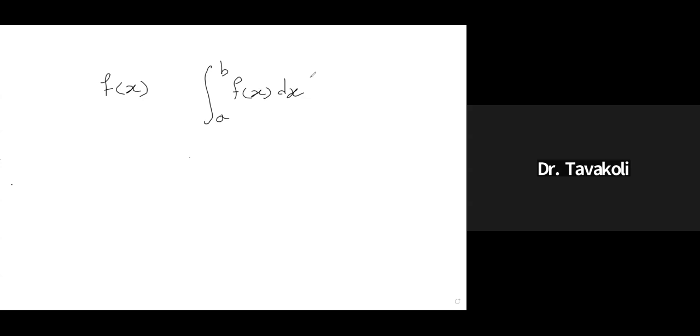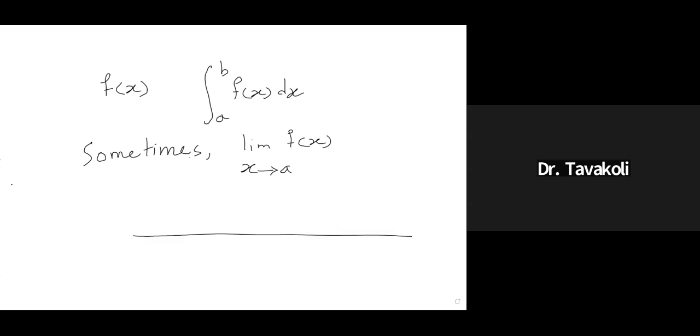In other words, sometimes the limit of f of x when x approaches a, since a is the beginning of the interval from a to b, look here on the real line, from a to b.